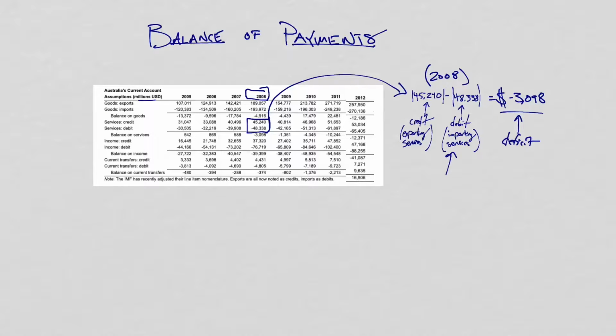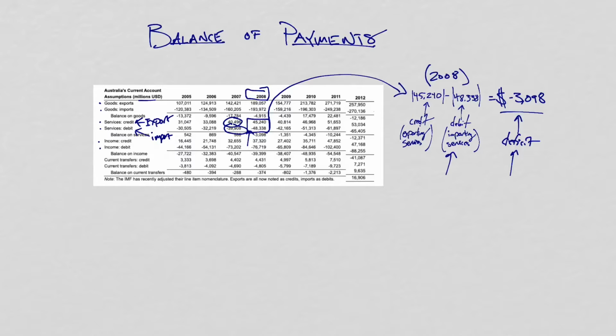So in any case, I think the big thing to figure out is whether it's a deficit or a surplus. You just kind of need to keep track of which number is larger. So ignore the minus sign and just think about which of these, credit, which is an export of services, and compare that to debit, which is an import of services, or whatever category you're looking at.